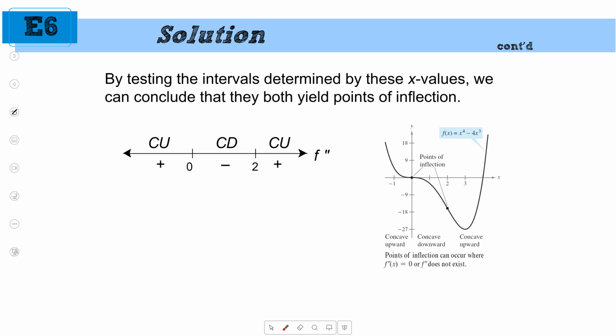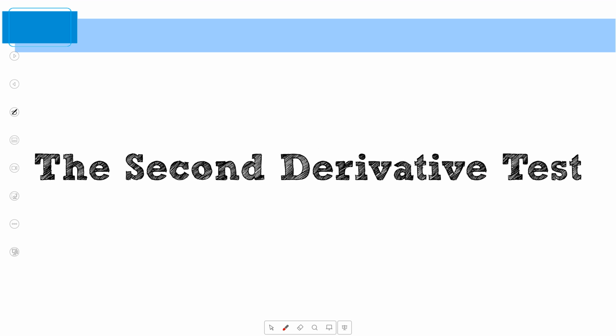Now, how could I make this a little bit more interesting? I could have asked you for relative max and mins, going back to the first derivative, but again, we're good to go here. Last thing, this thing called the second derivative test. The second derivative test does exactly what the first derivative test does. And I'm going to actually talk you out of this because it's silly. So why am I doing it?